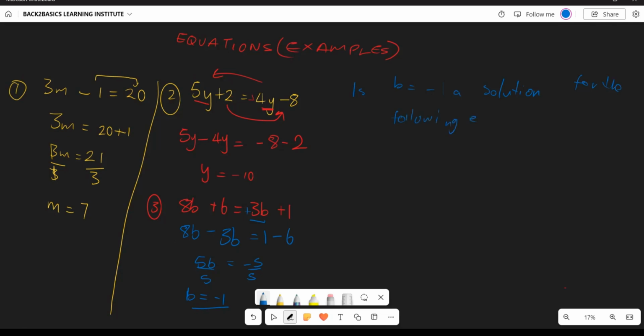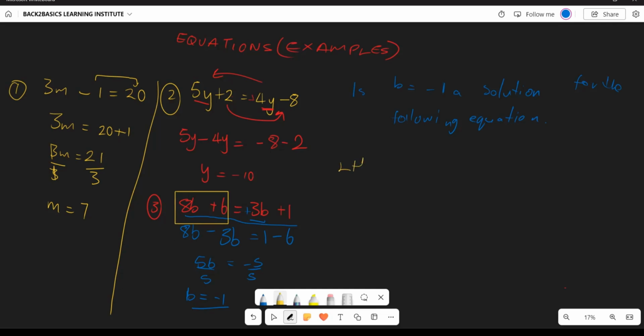Now we want to find out whether this is a solution for this following equation. So let's see what you are going to do. You are going to take this same equation and substitute b, which is negative 1, to check whether it is going to be your solution. So now I want us to take this right-hand side firstly, or this left-hand side.